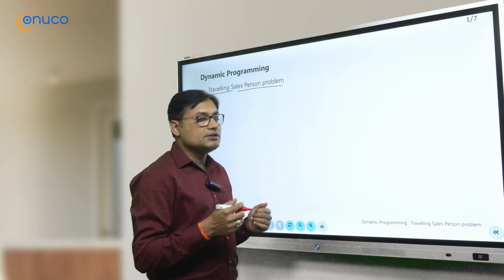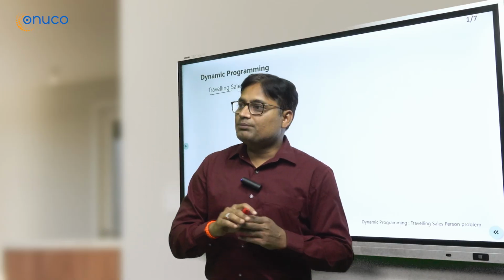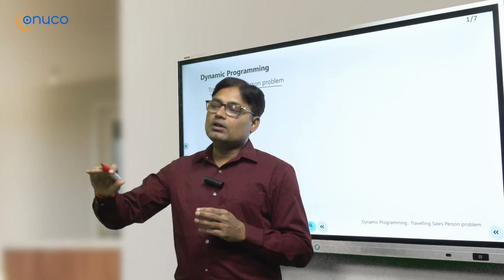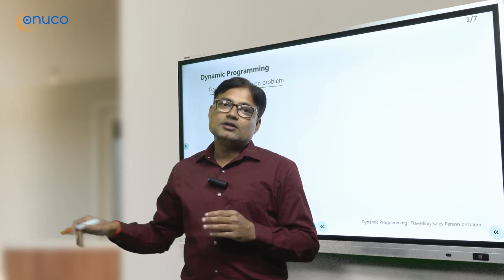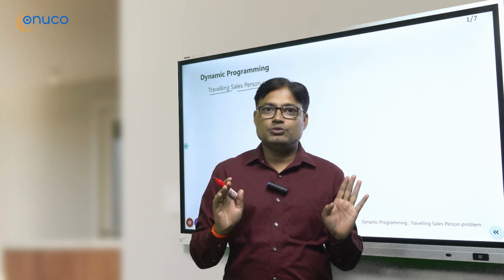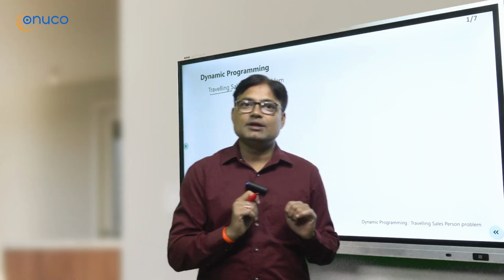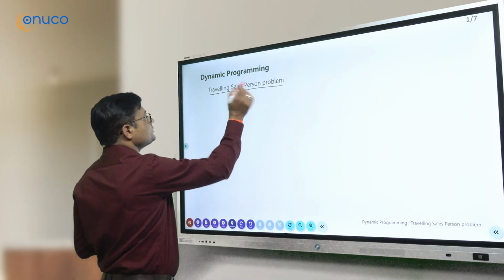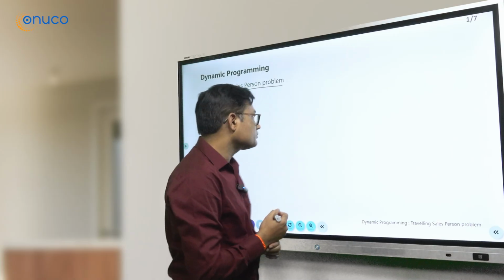So the tendency is to complete the journey from the post office, complete all the tasks, and return back to the post office to report. It means the source and destination remain the same. So in the traveling salesperson's problem also, the source and destination remain the same.